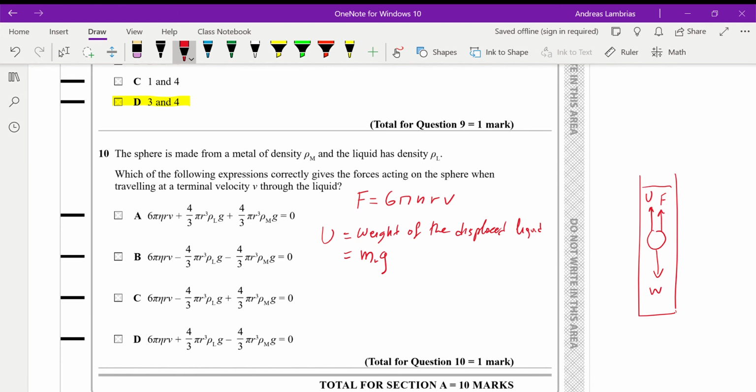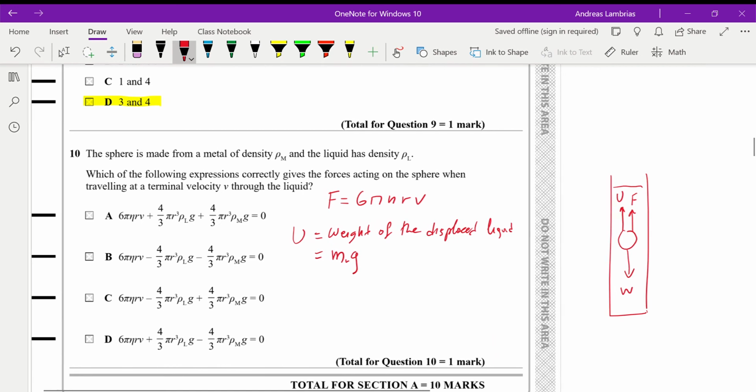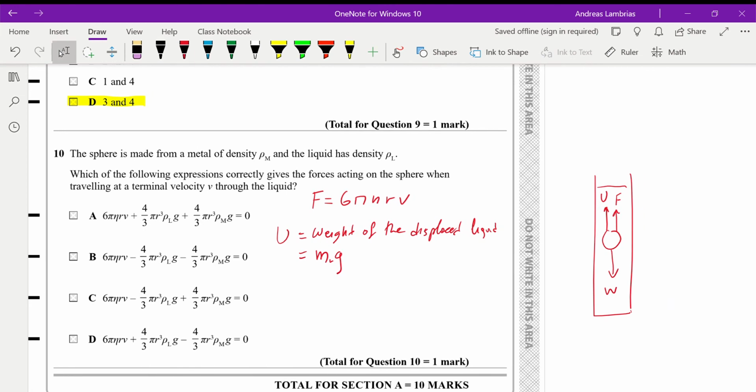Now, how can we find the mass of the liquid? We're going to use the formula for density, which is mass over V. For the liquid, I'm going to rearrange that. So the mass of the liquid will be equal to the density of the liquid, which is given here, multiplied by the volume of the displaced liquid.